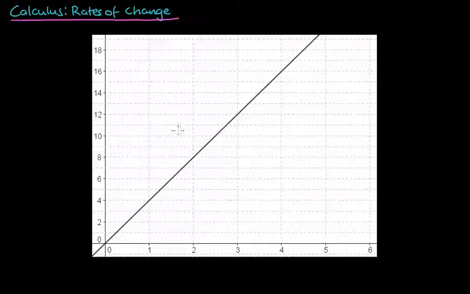Here I have a distance time graph where my y-axis is distance, measured in meters, and my x-axis is time, measured in seconds. What this line represents is an object travelling along and its distance away from a fixed object every second.